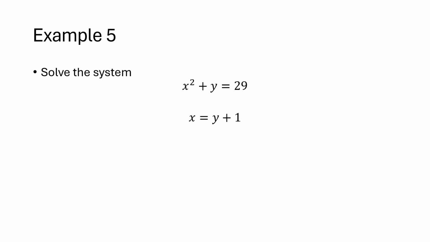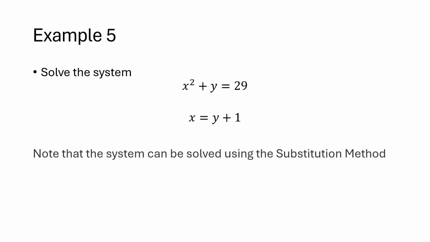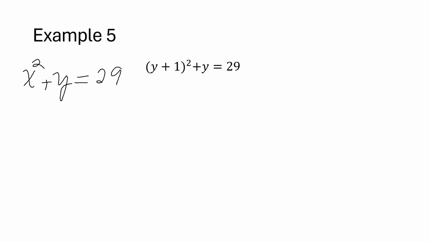We have a parabola and a straight line, and we're gonna solve that system using the substitution method. So we're gonna replace x by y plus 1. So notice our system was x squared plus y equal 29 and x equal y plus 1.